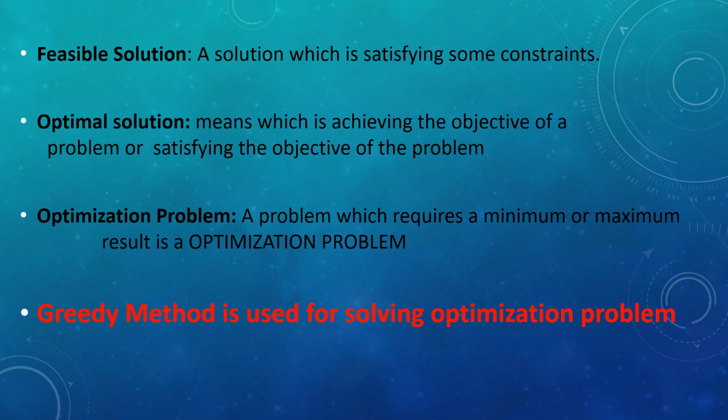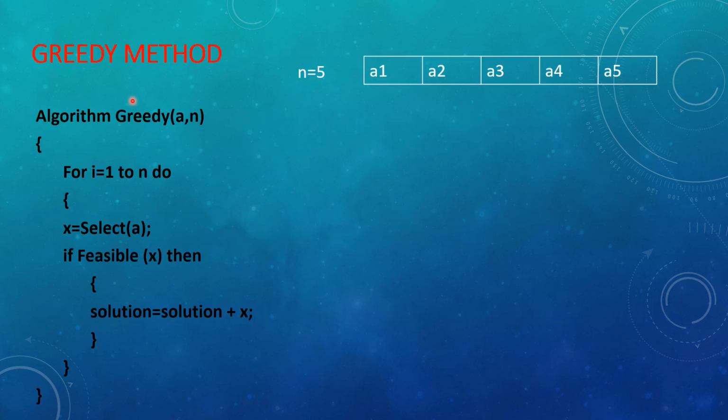Okay students, so this is the algorithm for greedy method. Algorithm says that, इसको हम इससे समझते हैं कि अगर हमारे पास n is equal to 5 means number of elements in the list a1, a2, a3 and a4 are the list. So this is the general method for greedy method.